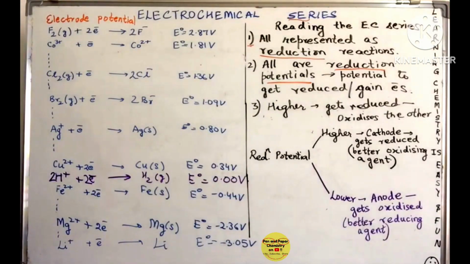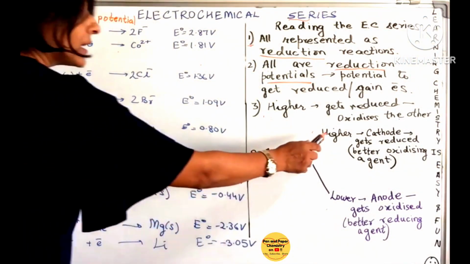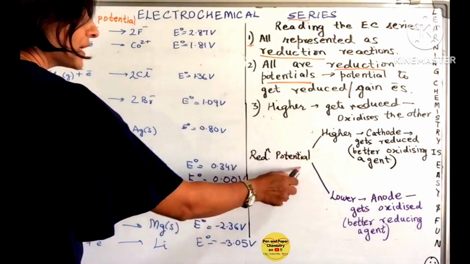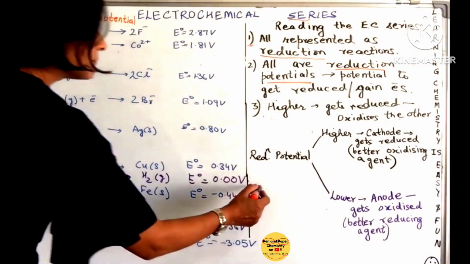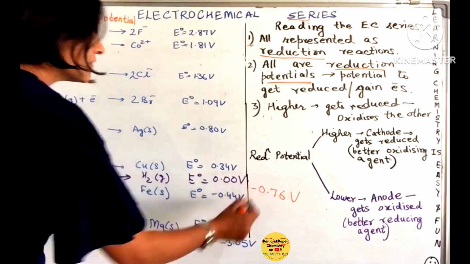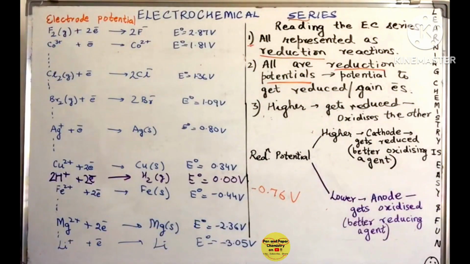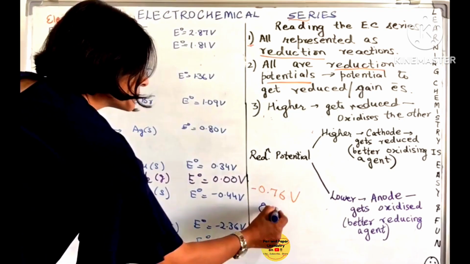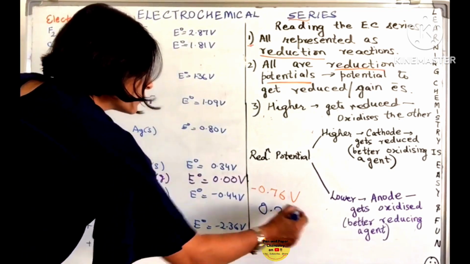So if you are given two electrode potentials, I come back to my favorite example, zinc negative 0.76 volts and copper, yes, you also know it by now, 0.34 volts.